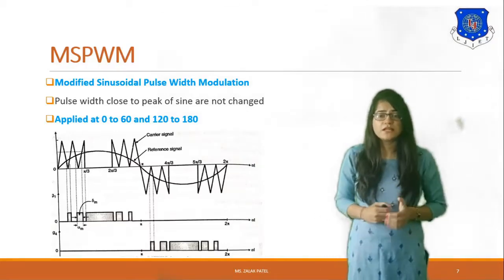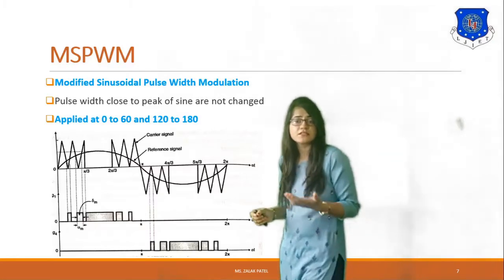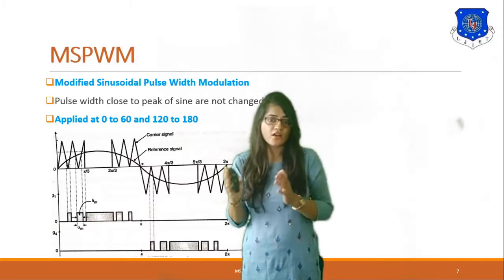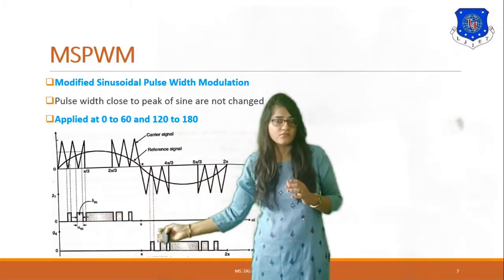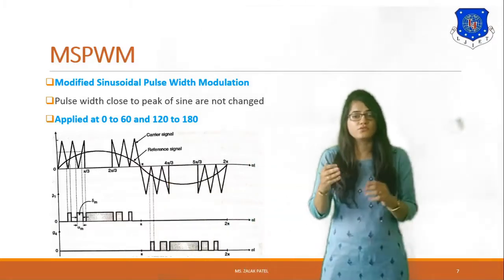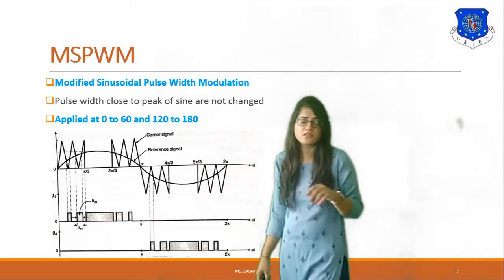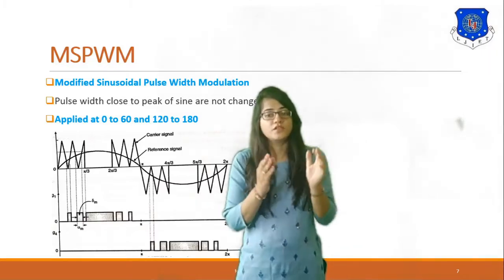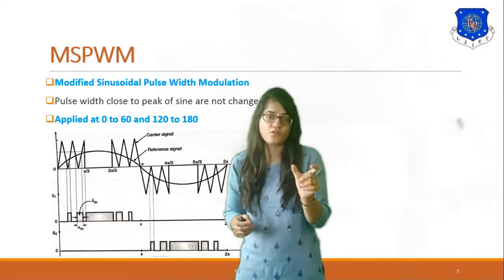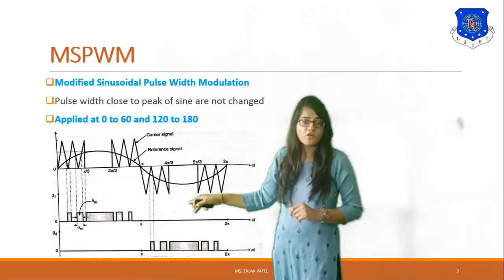The number of pulses is decided by the carrier signal. The number of triangular pulses gives us the number of pulses in the rectangular half. If you look at both output waveforms, in the positive portion as well as the negative portion, where the amplitude of the sine wave is higher it gives more output.